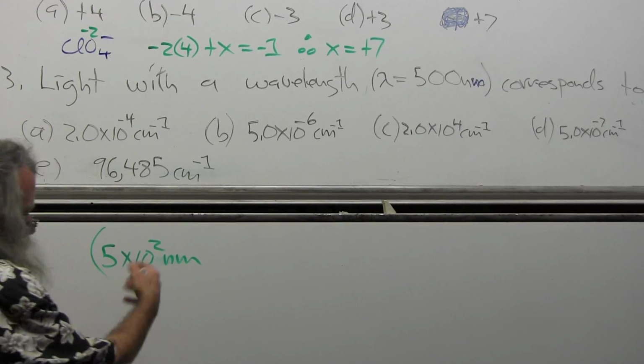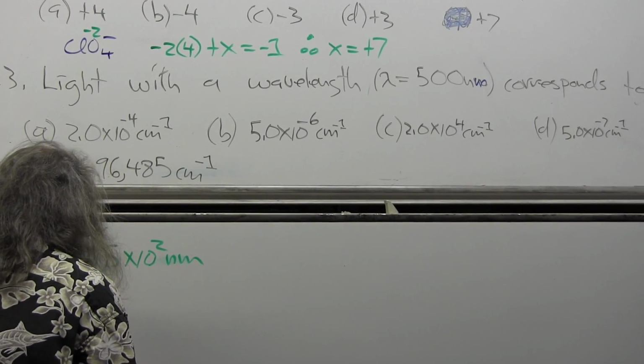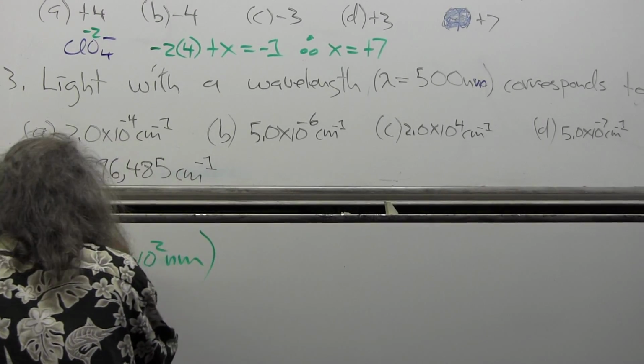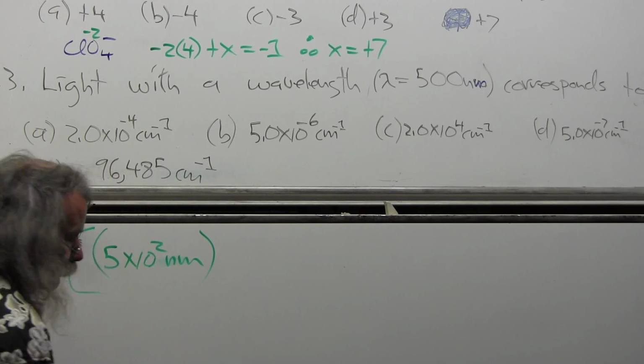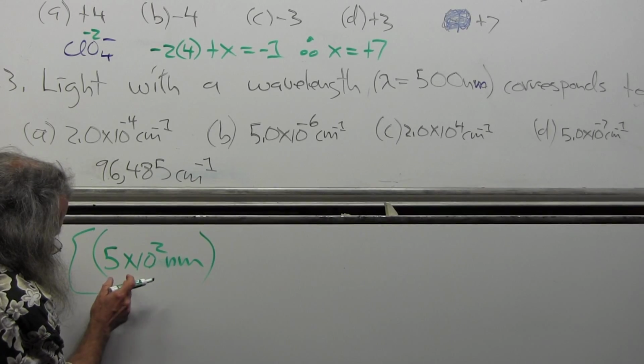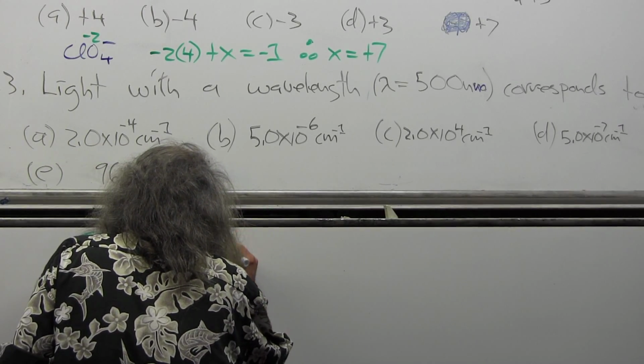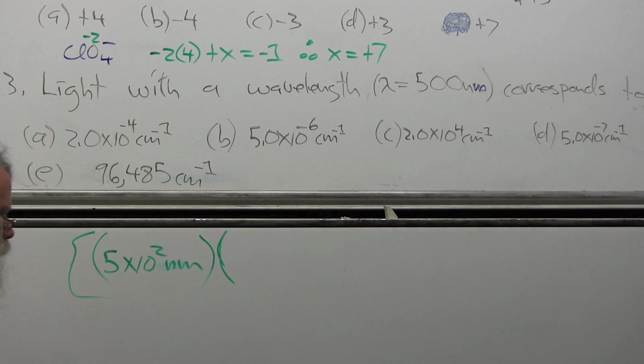And I'm going to want to convert this to some reciprocal length. So I'll put this in brackets, see if I can write this out in one quick expression. I start out with nanometers. I want to go to centimeters. I can either go through meters or go directly to centimeters.